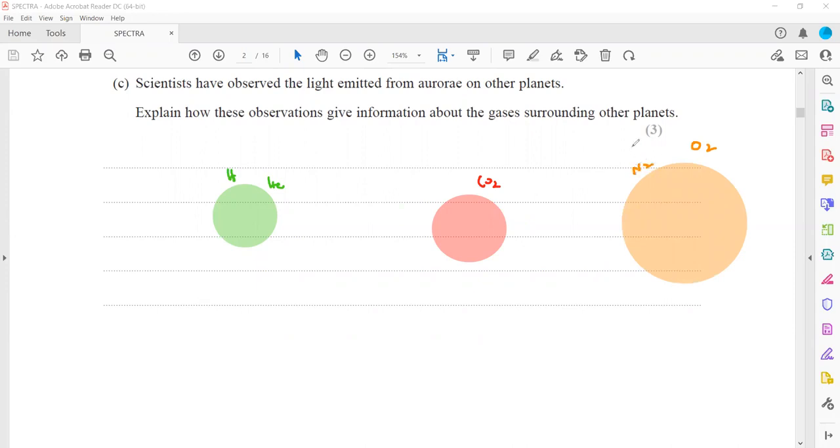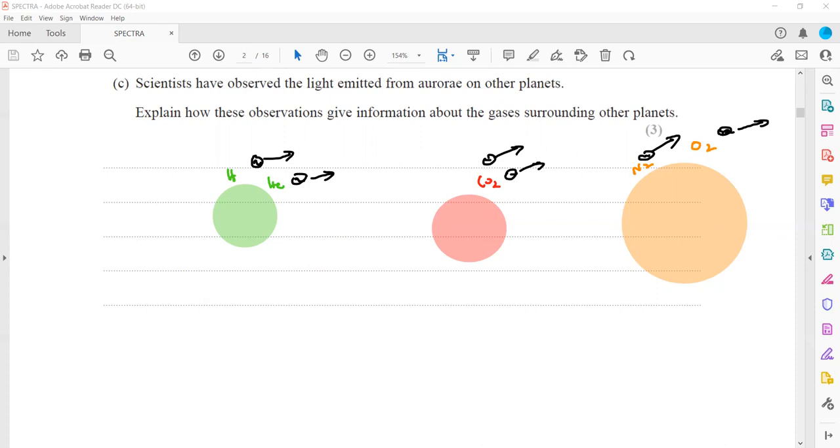So how do we identify the composition of the atmosphere? The photons emitted from a planet whose atmosphere is filled with hydrogen and helium will be different from those emitted from carbon and oxygen, and that will be different from nitrogen, because for every element the distance between the shells is different, and that is like the identity or fingerprint of the element.